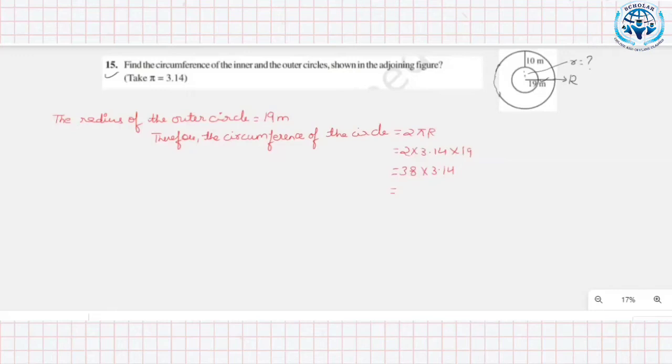The circumference of the circle is 119.32 meter. Now the circumference of the inner circle. 19 minus 10 is 9 meter, is the radius of the inner circle.